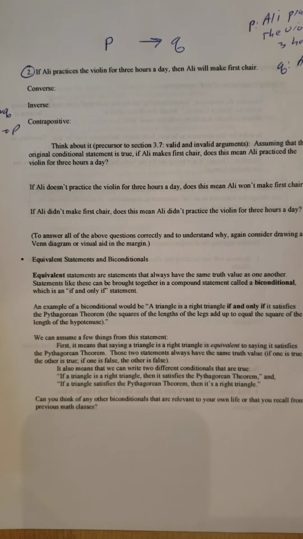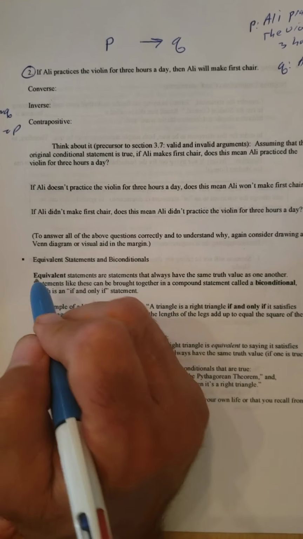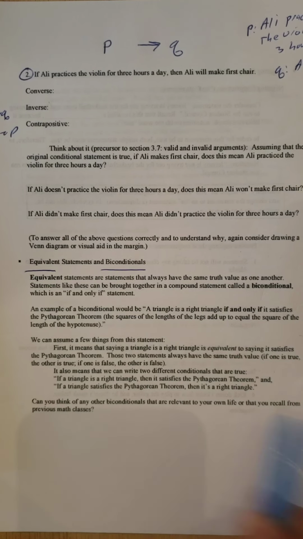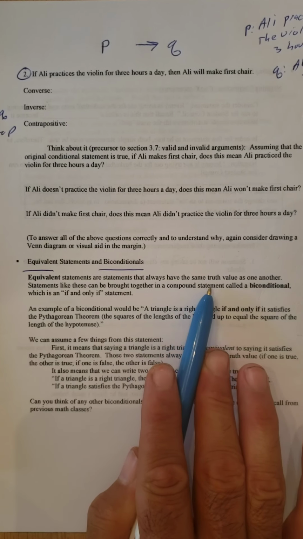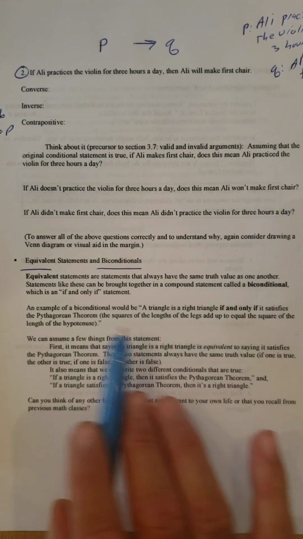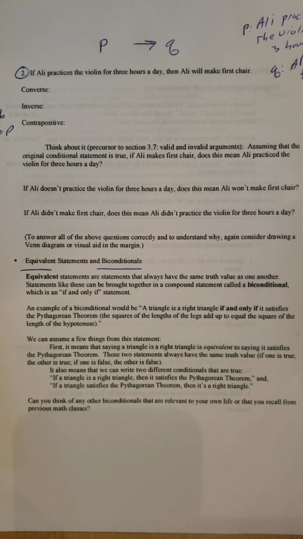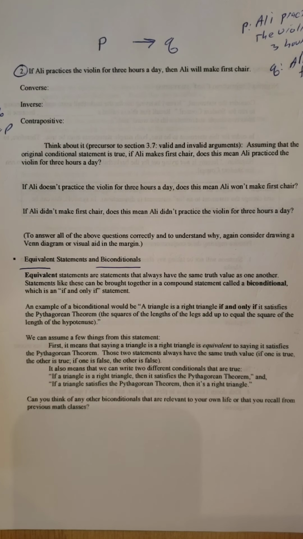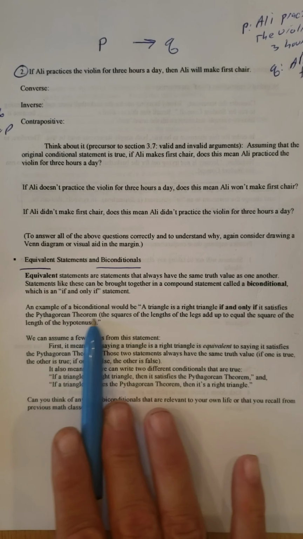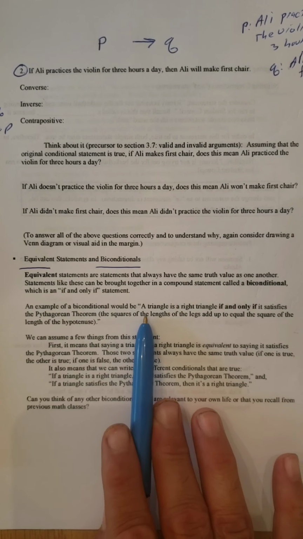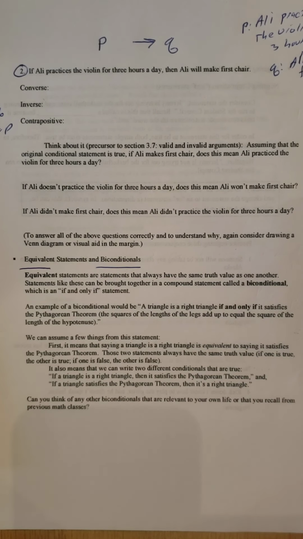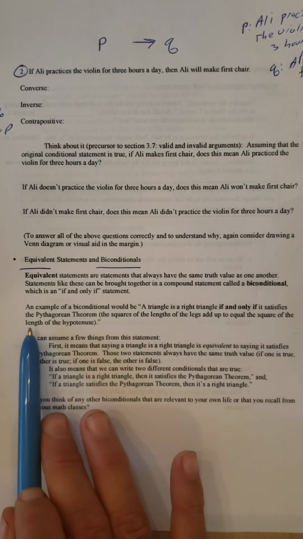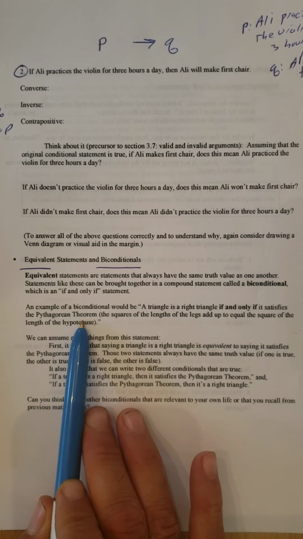All right. Then we get a little bit into equivalent statements and biconditionals. Okay? Equivalent statements are statements that always have the same truth value as the other one. A good example of a biconditional is, which you should remember from algebra class, a triangle is a right triangle if and only if it satisfies the Pythagorean theorem.